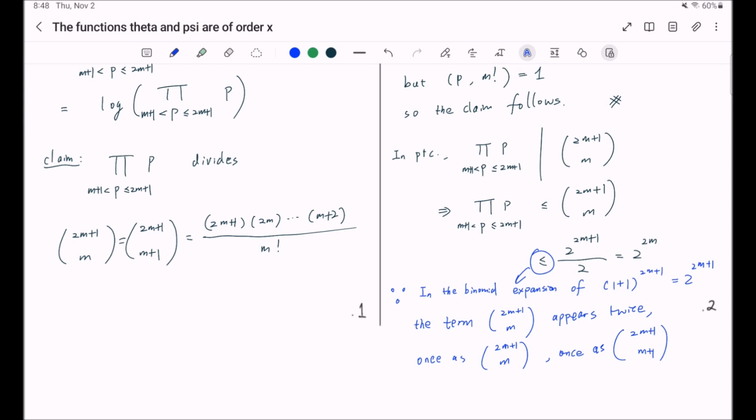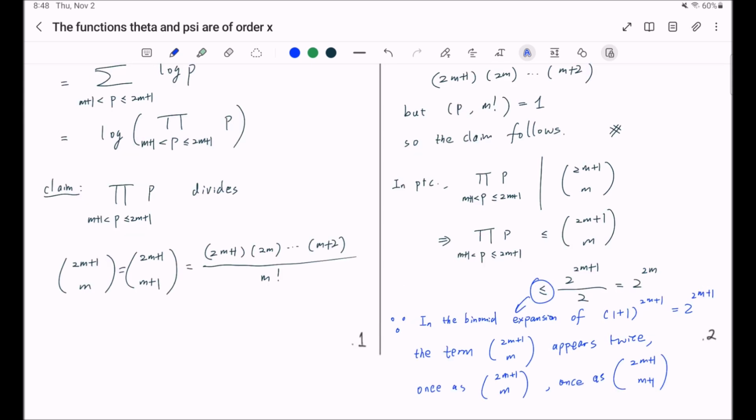And in particular, twice of this guy is less than 2 to the 2m plus 1. So one of them is less than or equal to this guy divided by 2. This explains this inequality. So now we have established that this product is less than or equal to 2 to the 2m.